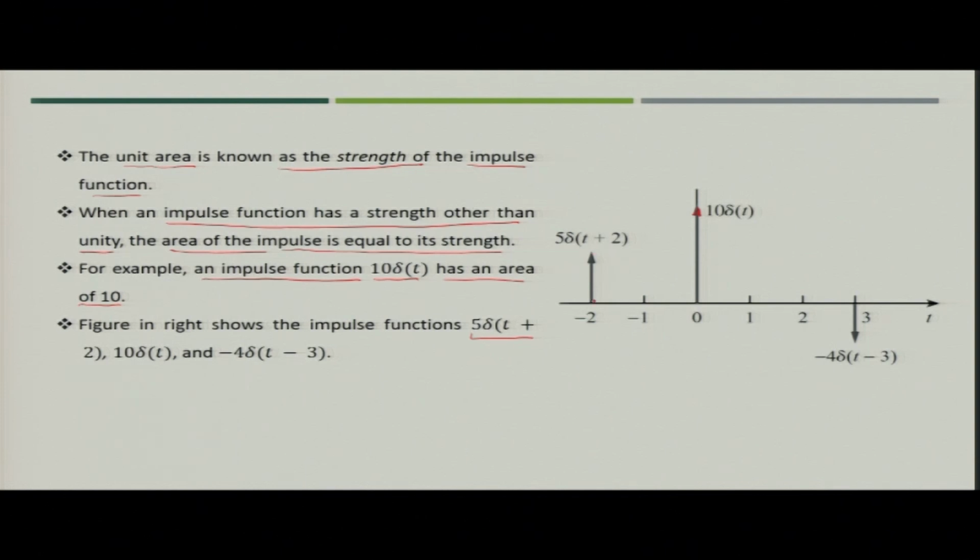Similarly here also it is advanced by minus 2 seconds, which is why the impulse function is 5 delta t plus 2. And this function is delayed by 3 seconds, so the value is also negative, and this function is minus 4 delta t minus 3.